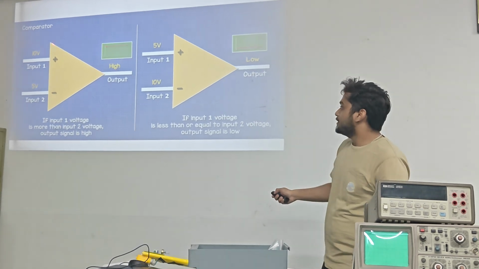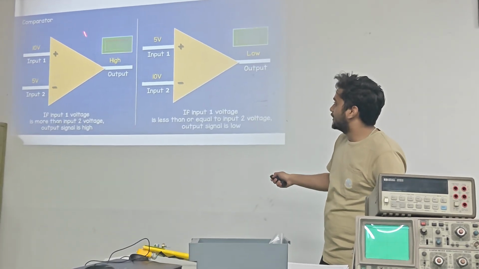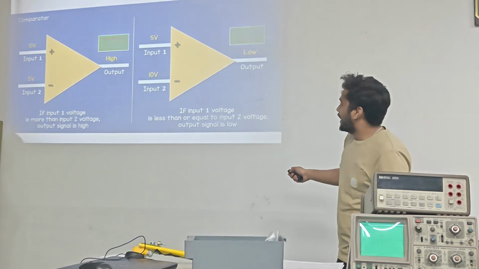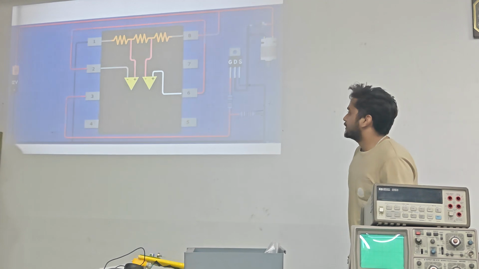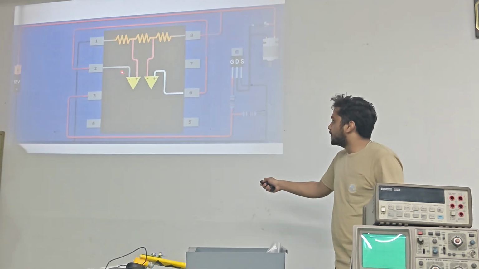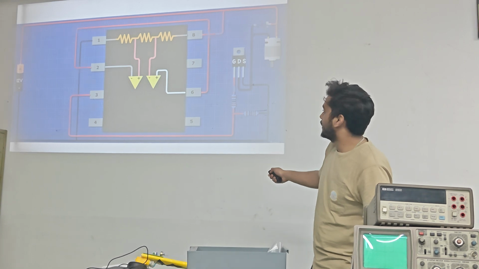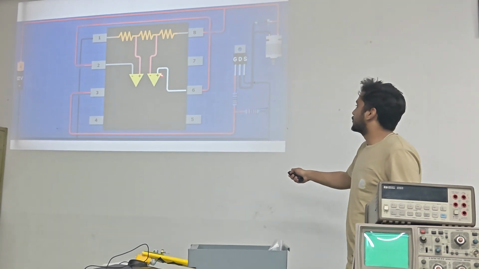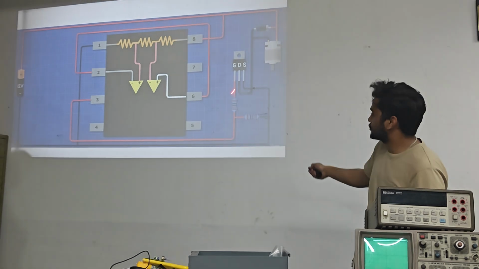So if the output of the plus terminal is higher than that of minus, then the output of the comparator will be high, and if the output of the minus terminal is higher, then the output will be low. Now the inverting input of the first comparator and the non-inverting input of the second comparator are basically short circuited.